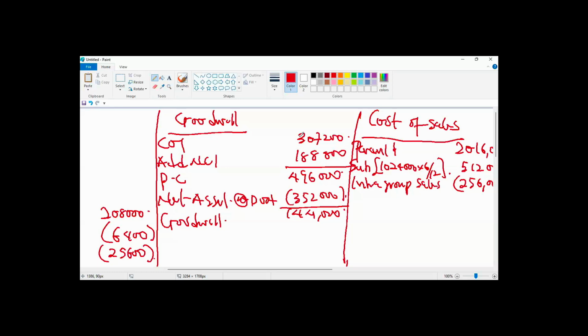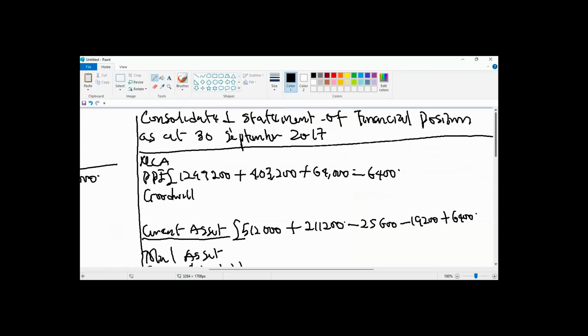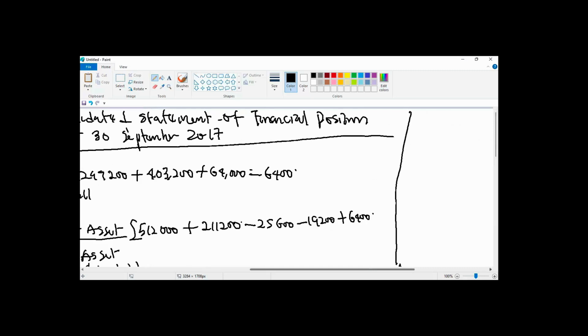So the goodwill to be reported would be 144,000. That's all. Then I'll go and adjust retained earnings of subsidiary.